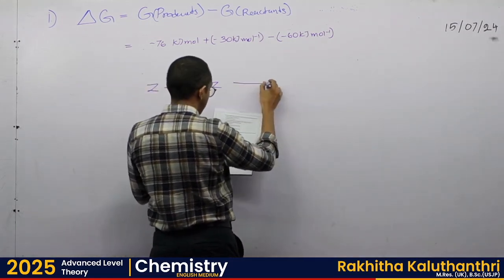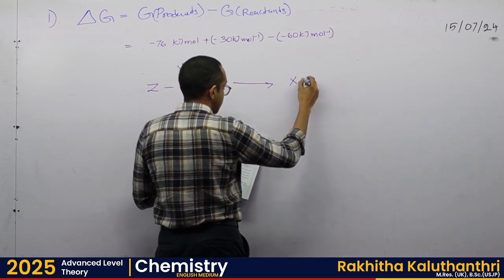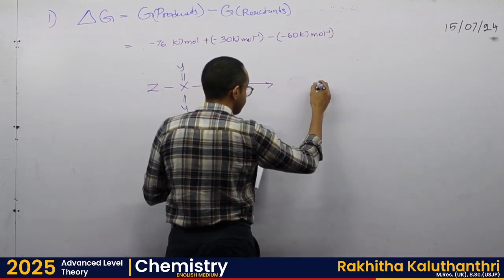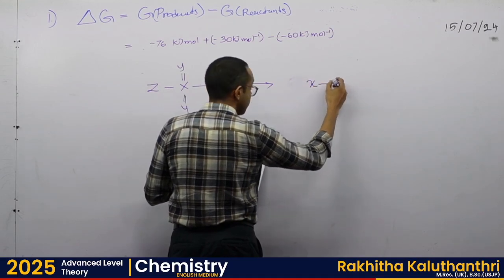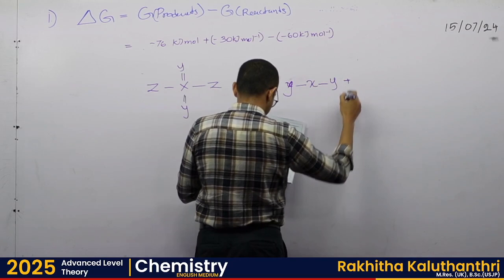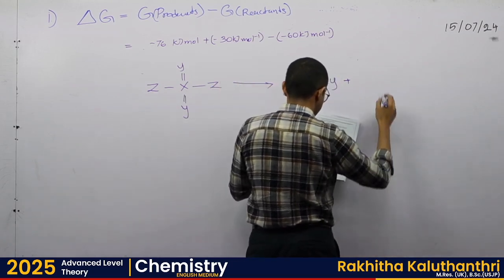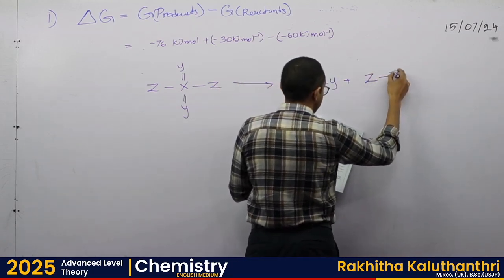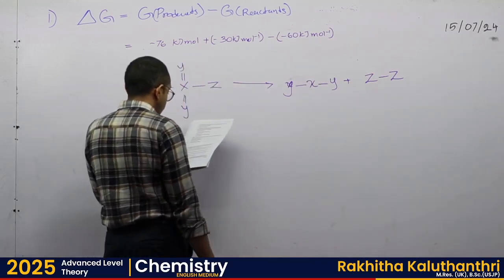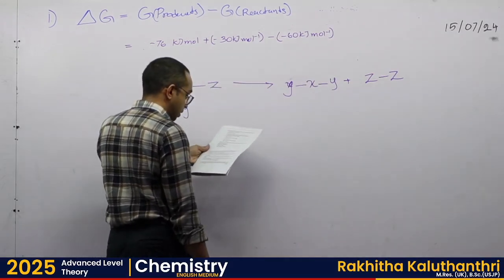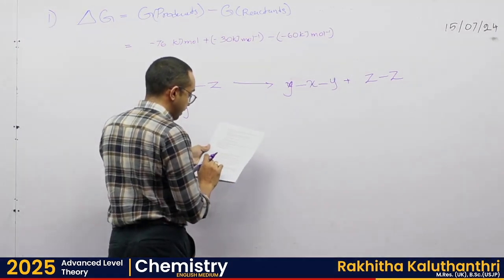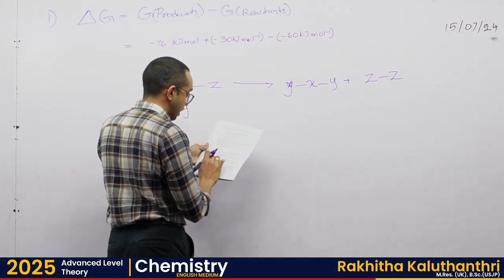This compound breaks down to XY2 and Z2. Now they are giving you the bond enthalpy of breaking off the XZ bond.